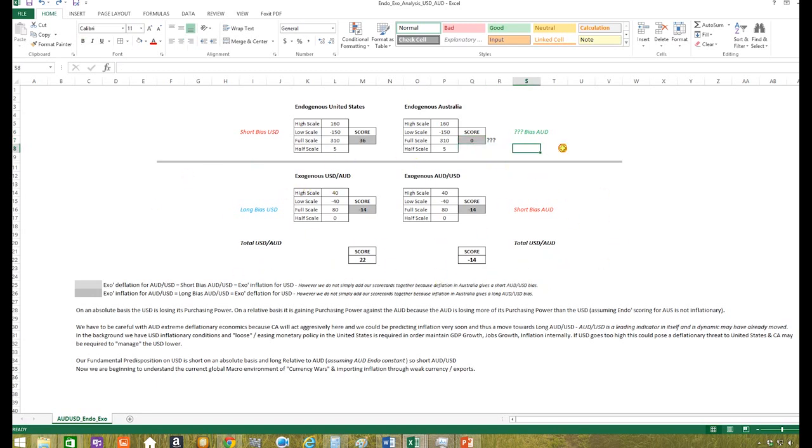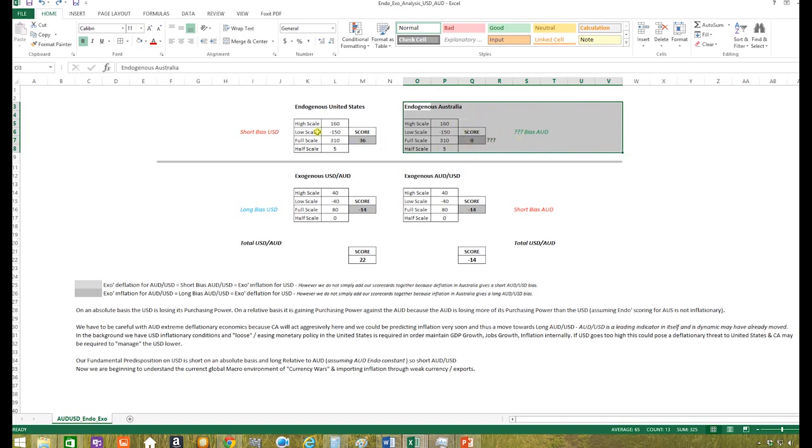But for the purposes of teaching you the whole process and sticking to the principles of not spoon feeding and sticking to the principle of self-starter mentality, we're going to keep the scorecard 0, and therefore endogenously Australia is being kept at a constant rate.